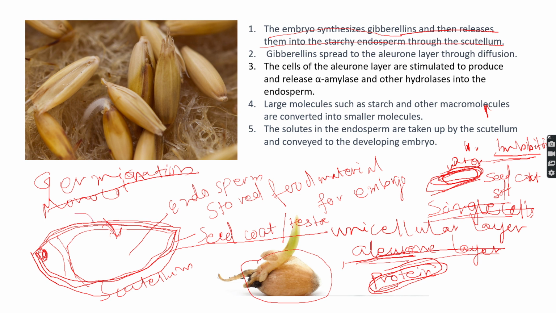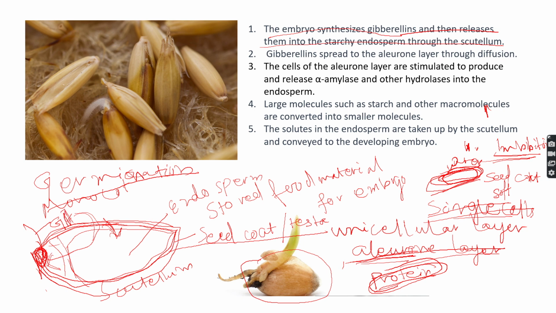So when water is entering through the hard seed coat to the endosperm, and through the scutellum it is going to your embryo, the embryo is having gibberellic acid.